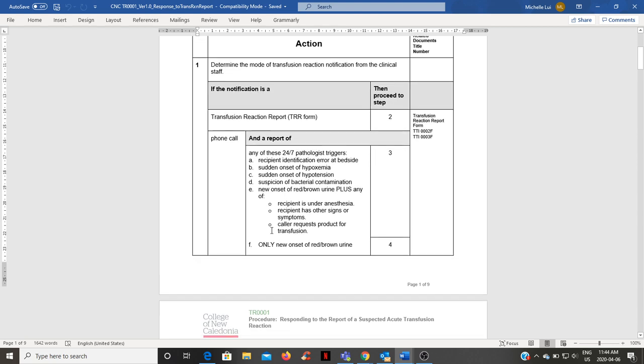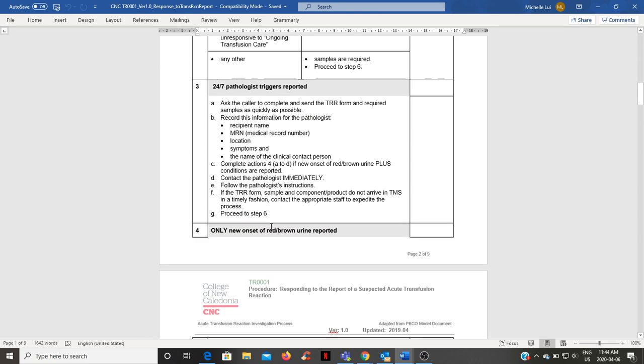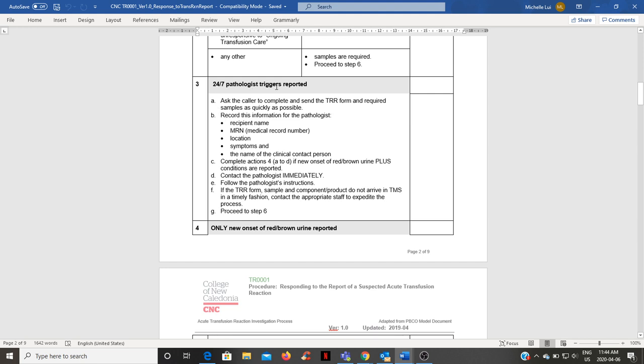And so proceed to step number 3. So let's go on down there. This is a pathologist trigger. So we got a phone call and asked the caller to complete and send the transfusion reaction report form. And now we have received this form, and that's good, and it looks complete. They've also sent us the samples, and that's excellent.